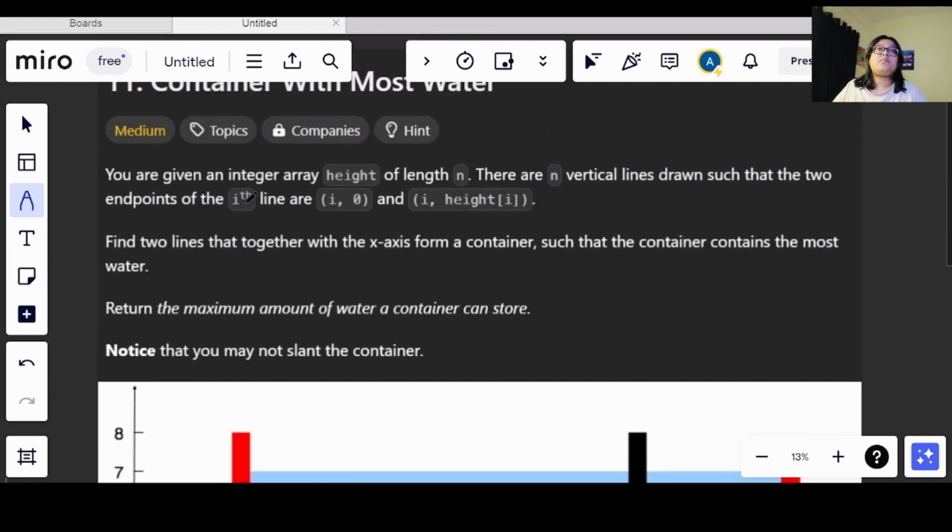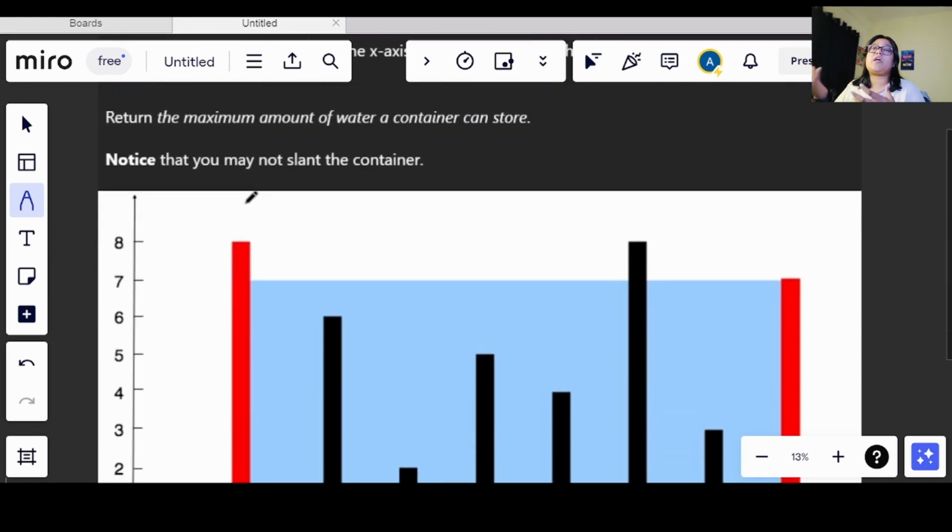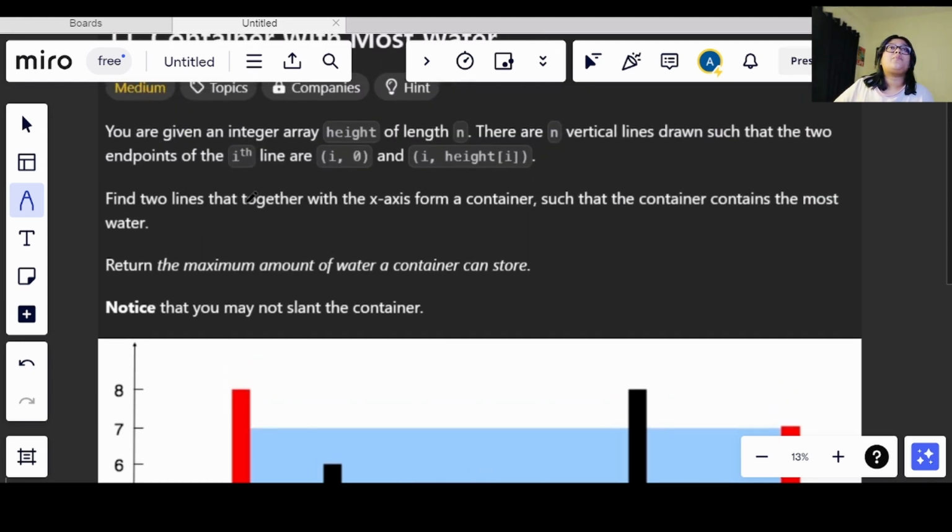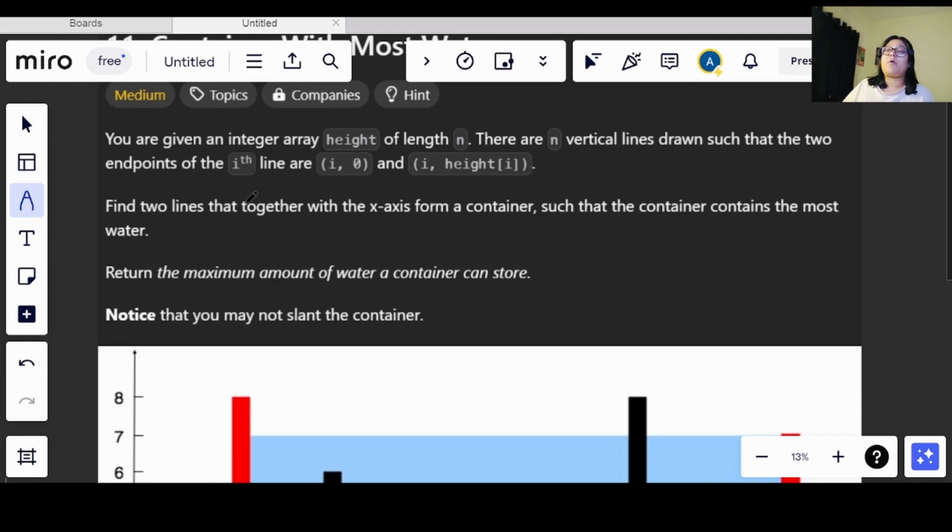The area between the pillars denotes the amount of water that can be contained between those two pillars. We need to return the maximum amount of water that can be contained. Also we need to keep in mind that this cannot be a slant container.